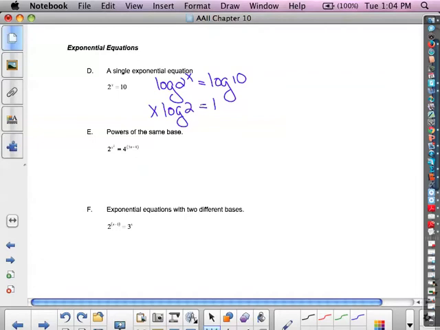So now, using my calculator, I can find that log of 2 is equal to 0.301. So I have 0.301x is equal to 1. So x is equal to 3.322. We'll just go to 3 decimal places on that. So when I have an exponential equation, and I can't get those bases to be alike, I can actually take the log of both sides.